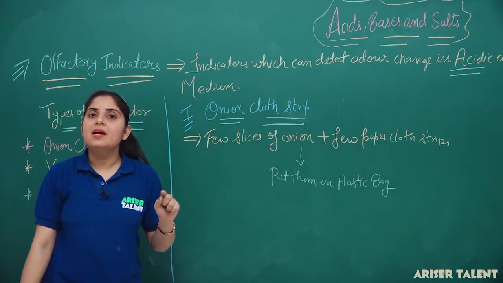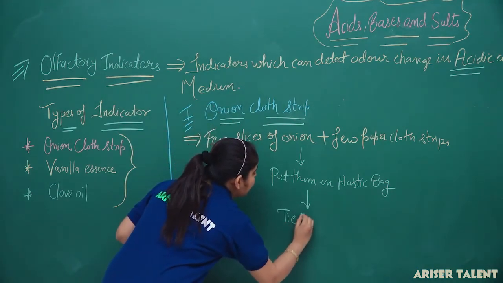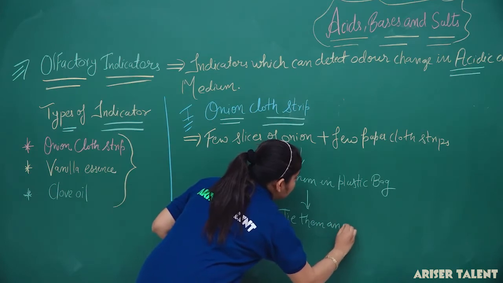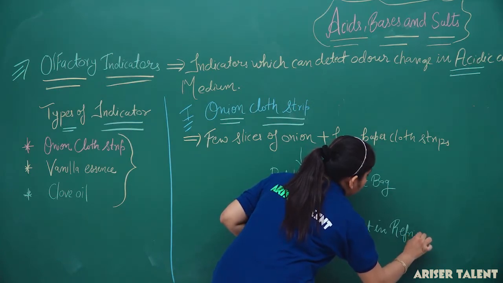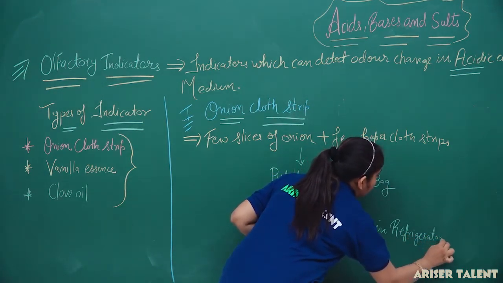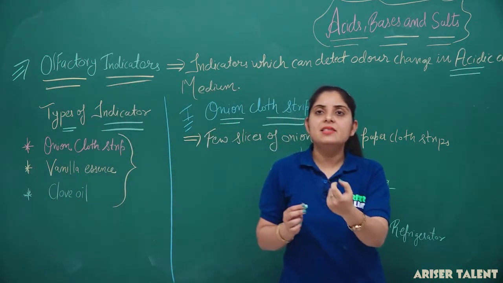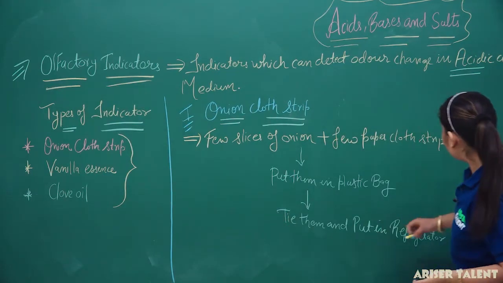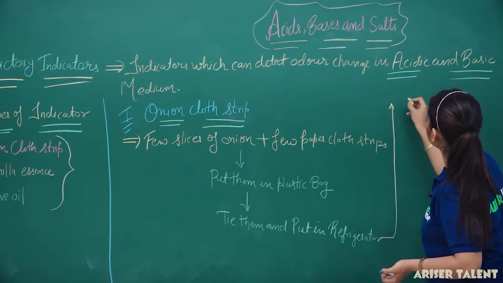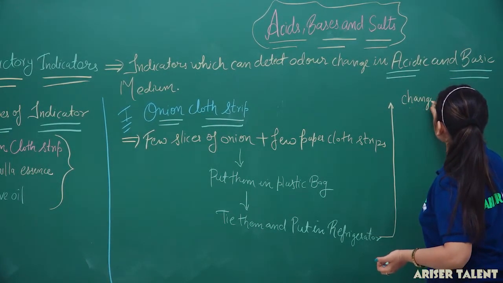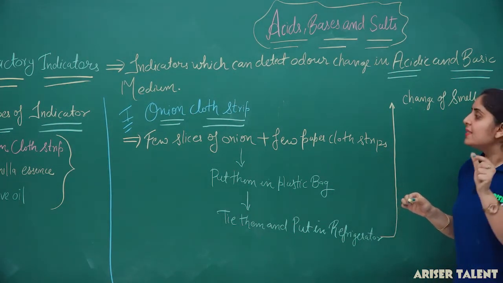After putting them in the plastic bag, we tie them and put them in the refrigerator. After a few days we can observe that there is a change in the smell. So what we have observed is change of smell. It is because of the onion pieces or onion slices we have taken.